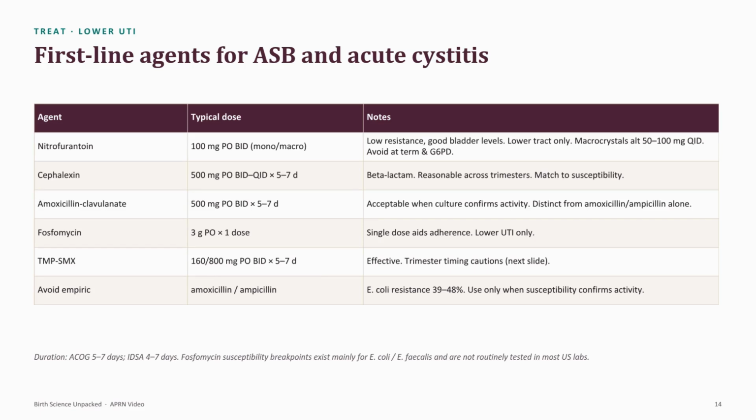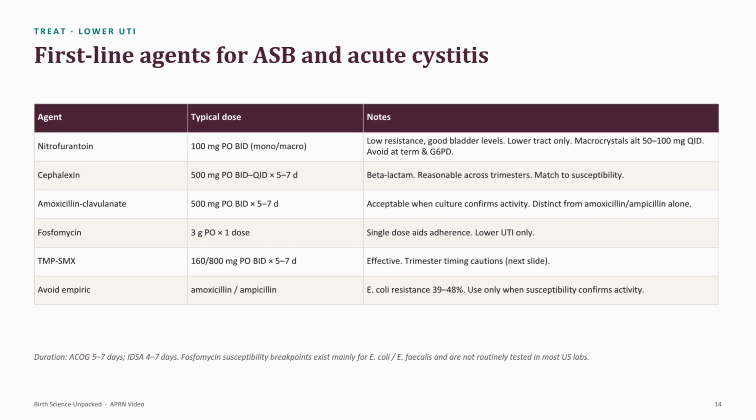Fosfomycin is a single 3-gram dose useful for adherence. Of course, lower tract only. Be aware that most United States labs do not routinely test fosfomycin susceptibility. Trimethoprim sulfamethoxazole works, but has trimester timing rules on the next slide.